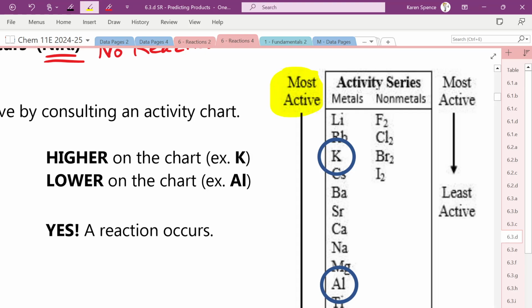The most active things are at the top. On the left-hand side, we have the metals. And on the right-hand side, we have the non-metals, but the most active are still at the top. So things that are higher up can replace things that are lower down, but not vice versa. So if we have K and aluminum, K can replace aluminum.